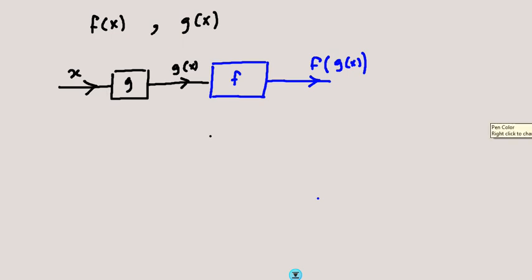This is one notation, and you can express the same idea by saying f follows g of x. Now f follows g of x means that the function f comes after the function g, and that the output of the function g was the input to the function f.